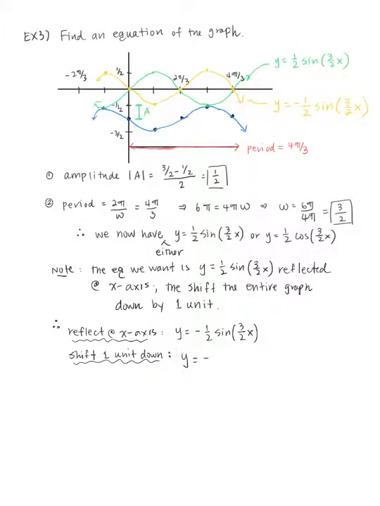You're going to shift it down by 1 unit, so you're going to have to go -1. So it looks like the equation of the given graph is y equals -1/2 sine of 3/2x and then -1.